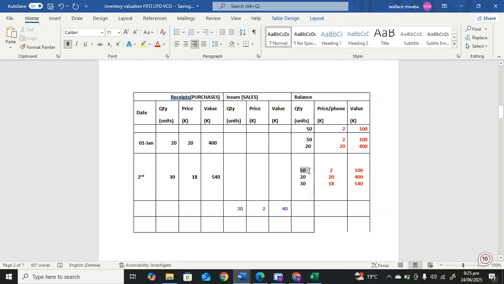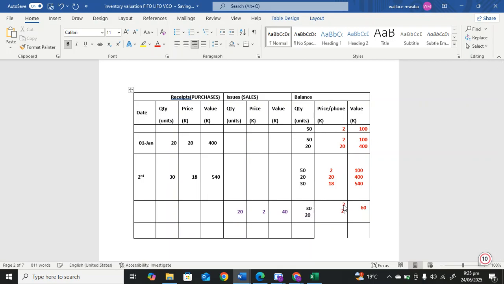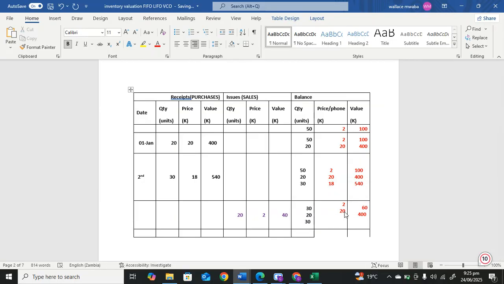We removed 20 units from these 50 units, so we remained with 30 units valued at 2 kwacha. 30 times 2, that is 60 kwacha. Then we've still got these other 20 units valued at 20 kwacha, that is 400. And then we've got these 30 units valued at 18 kwacha, 540.